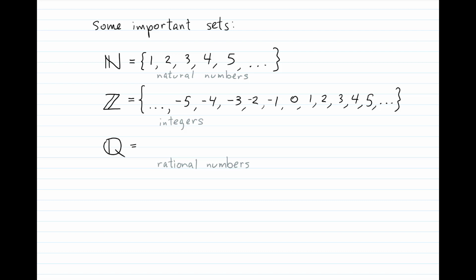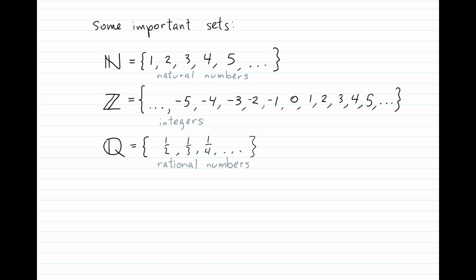So, how many are there? There's infinitely many, correct? But I would have a hard time indicating all of them, right? Like if I wanted to do this with an ellipsis, like I did with the natural numbers and the integers, how would I do that? I mean, I suppose I could say a half, a third, a fourth, and so on, right? But that's not going to be good enough, is it?